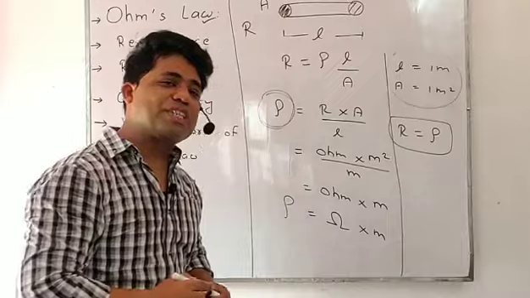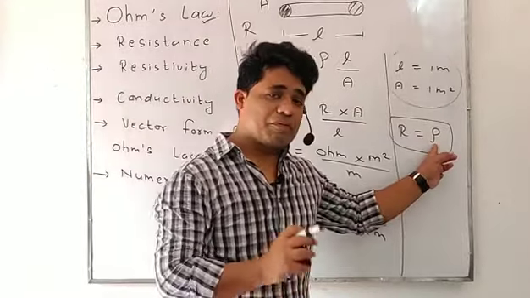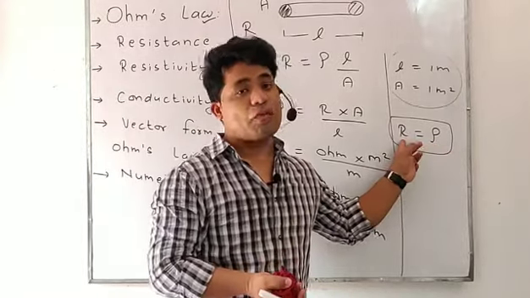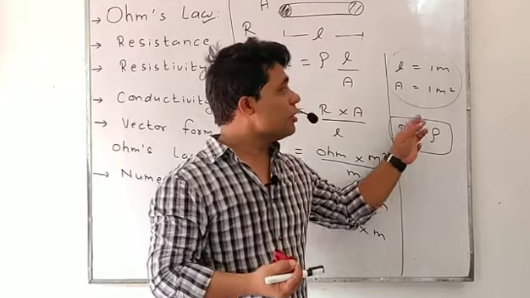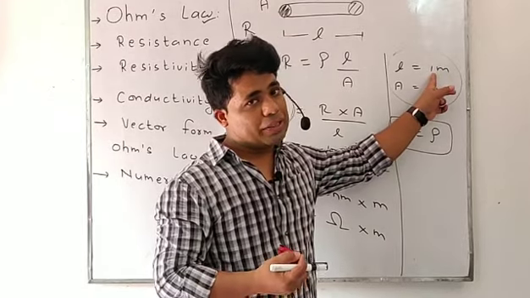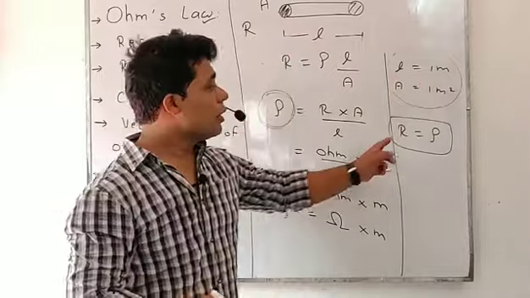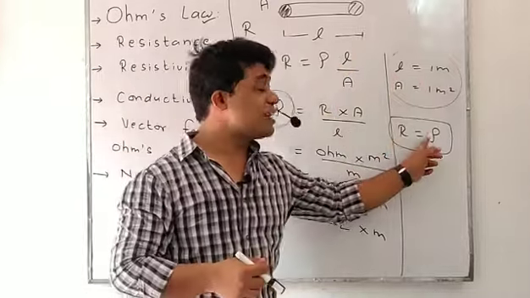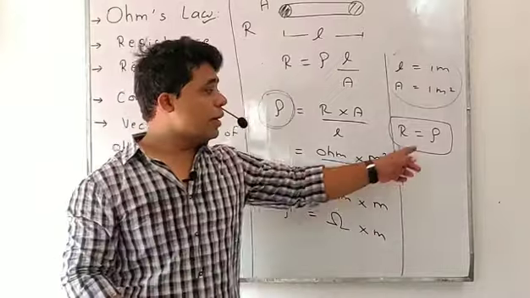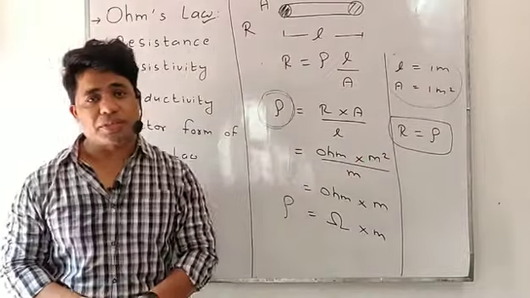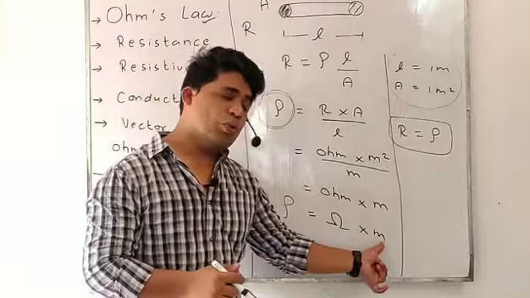So the specific resistance is defined as the resistance of a conductor wire when area and length are both unit. In that condition, the resistance of a conductor wire is said to be resistivity, also called specific resistance, and its unit is ohm into meter.